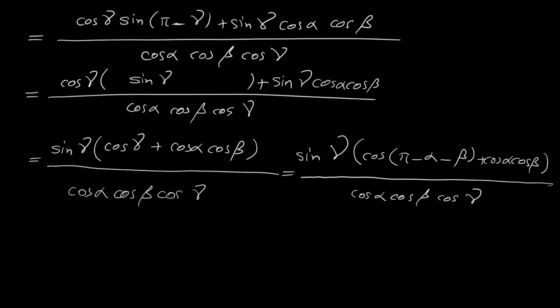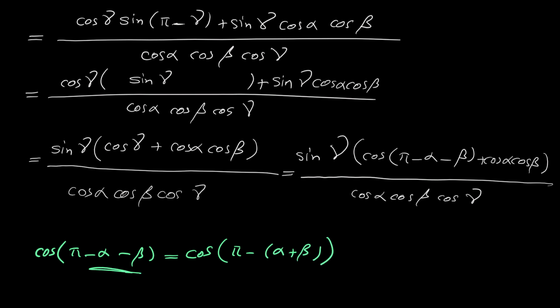Now let me simplify this term here for you. Cosine of pi minus alpha minus beta is basically cosine of pi minus alpha plus beta. From these two we factor a negative. Now let's use the difference angle identity for cosine.